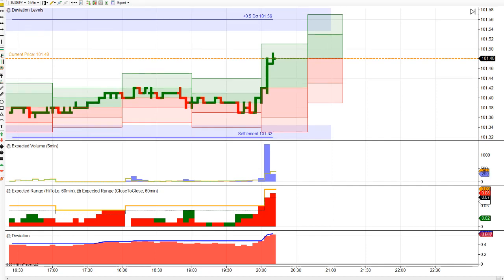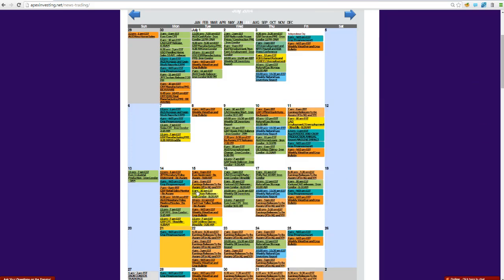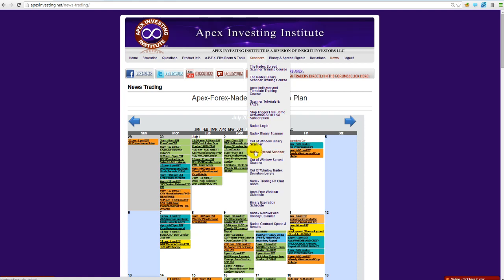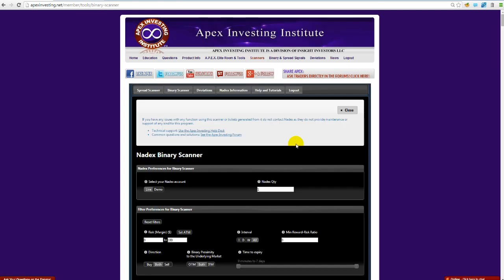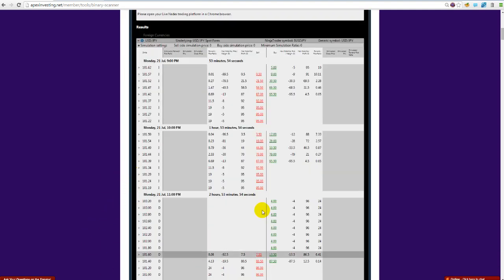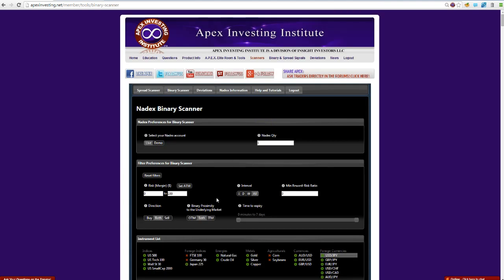All right, so let's pull up, let's do it on this while we're here. Go to the binary scanner. I'll show you what I mean by in the money binary. Got US yen already up. Here are all the contracts available on the US yen, quite a few of them.